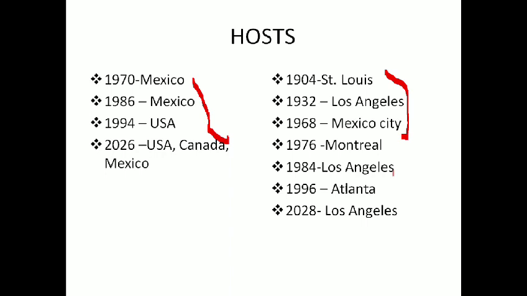And 2028 again Los Angeles is going to equal the record of London, because London had already conducted it three times, and Los Angeles 1932, 1984, and in 2028 also it is going to host the Summer Olympics. Okay, this is also one way to remember the countries for those who love sports.